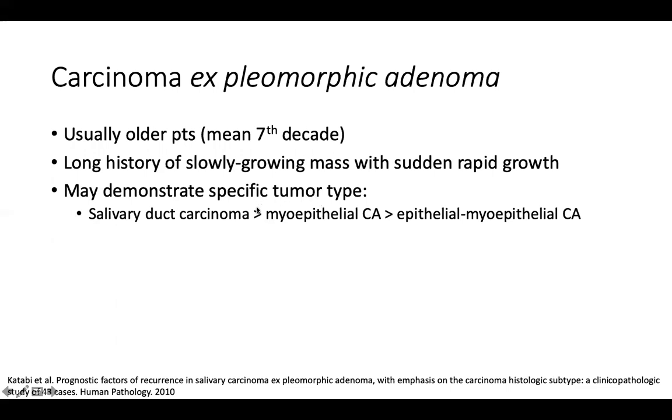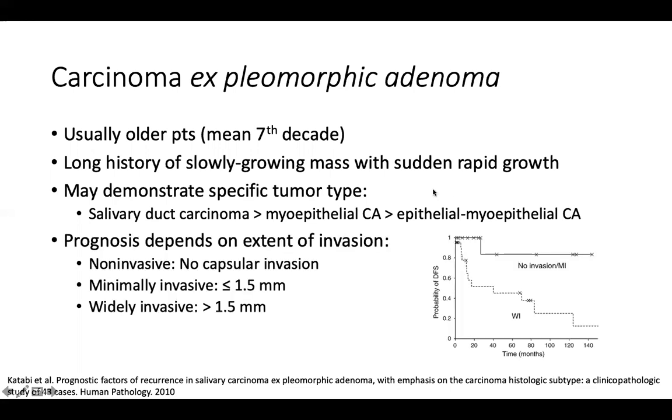And then the next most common is myoepithelial carcinoma, and these can be very subtle. So these are ones you need to be careful of. And we can discuss that in more detail when you rotate with us. And then epithelial-myoepithelial carcinoma, which is a little more rare and a sort of cool tumor. And the prognosis really depends on the extent of invasion. So if there isn't any capsular invasion, these tend to actually do quite well.